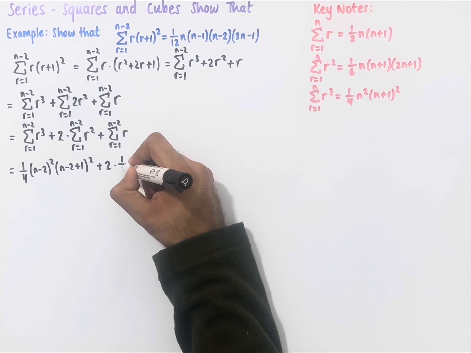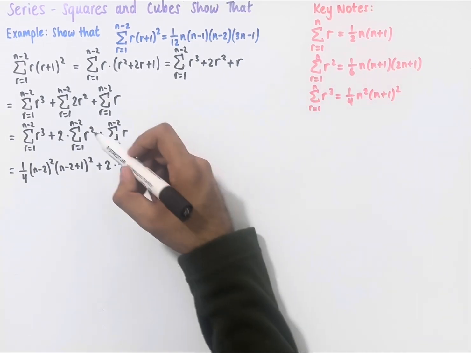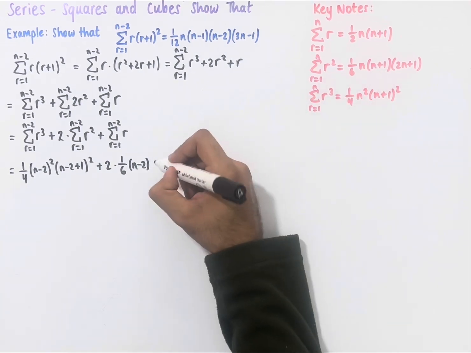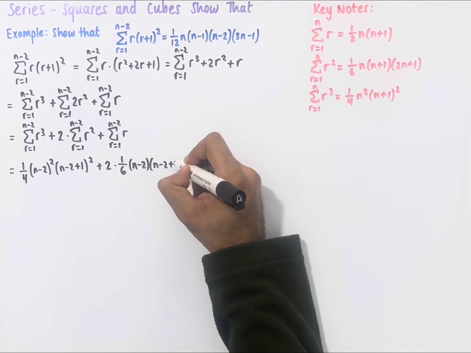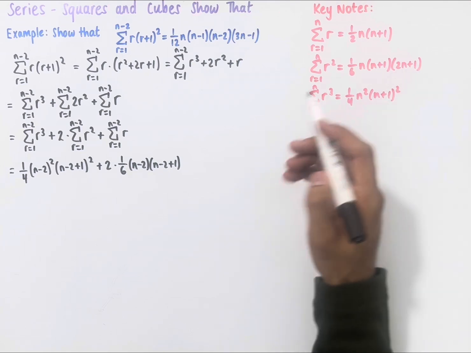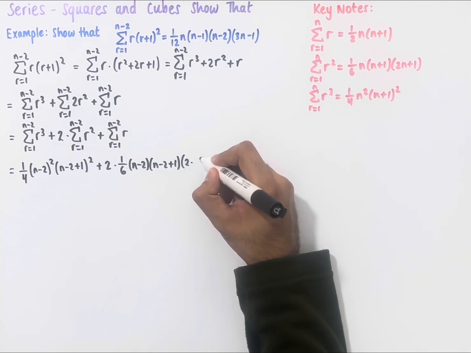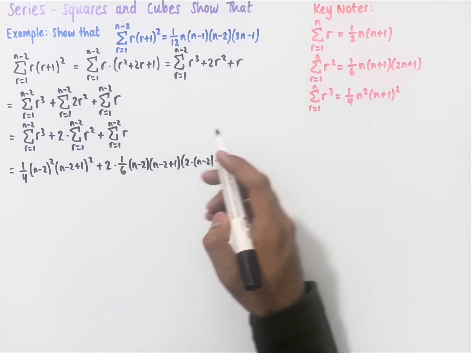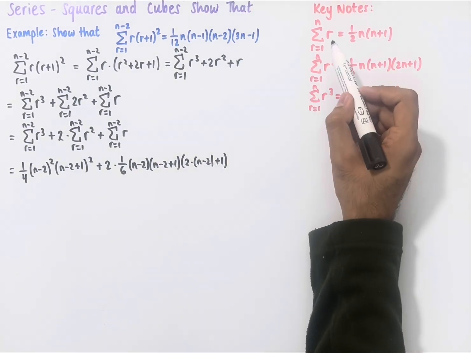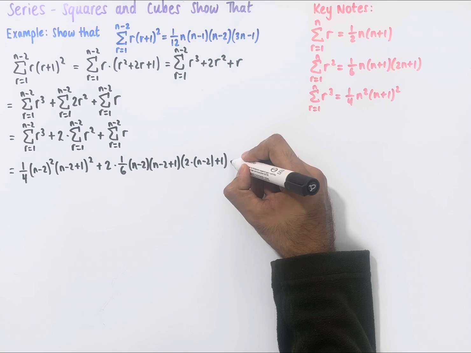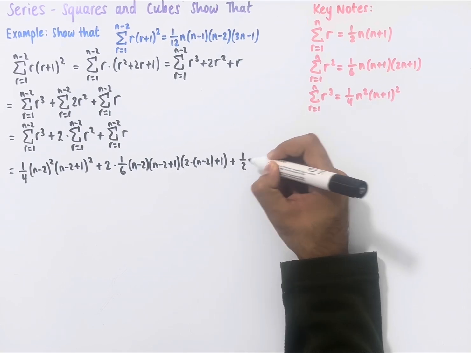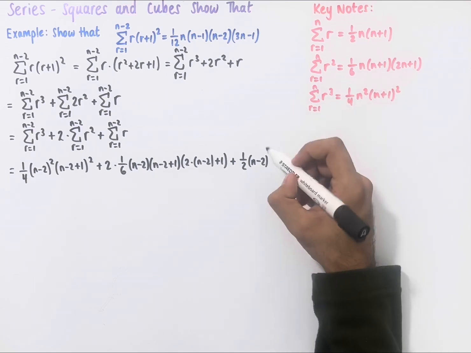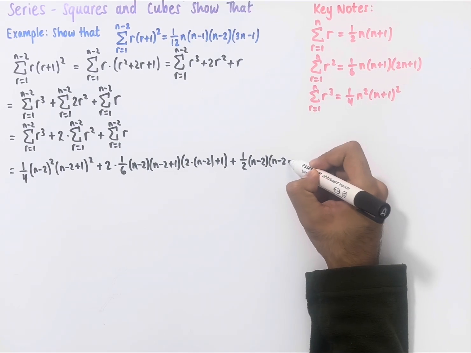So we have a sixth, and instead of n, we again have n minus 2, instead of n plus 1 we have n minus 2 plus 1, and instead of 2n plus 1, we have 2 times (n minus 2) plus 1. And for the final series, we have the formula for the sum of r, which is plus a half, with n minus 2 instead of n, and n minus 2 plus 1 instead of n plus 1.